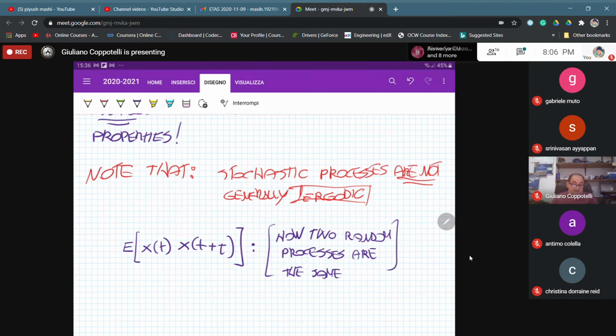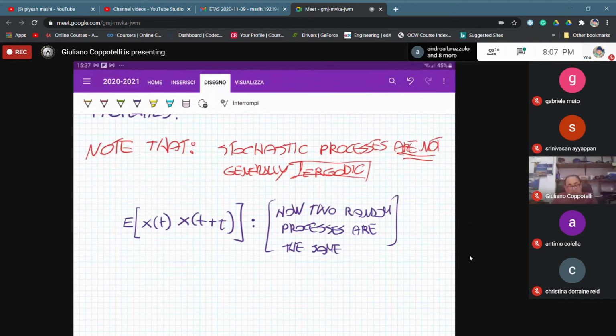In this case, we have x of t and x of t plus tau. So these two random processes are fictitiously two; there is just one. However, let's evaluate this first. This expectation value is by definition what we call Rxx of tau, and this Rxx of tau is called the autocorrelation function.